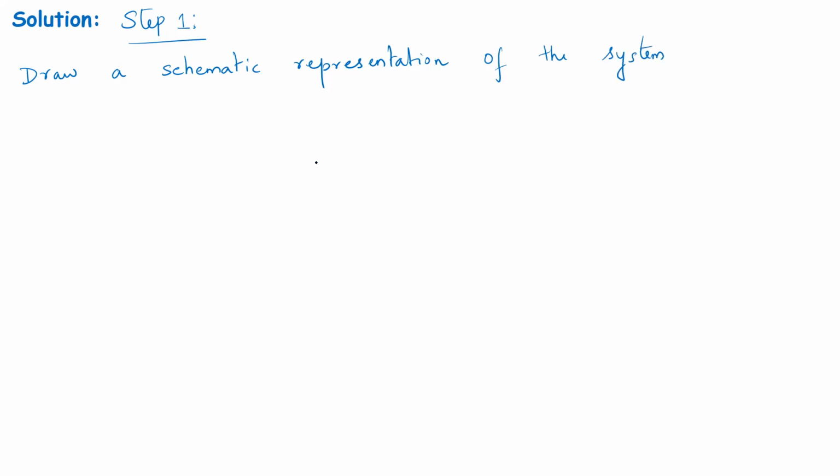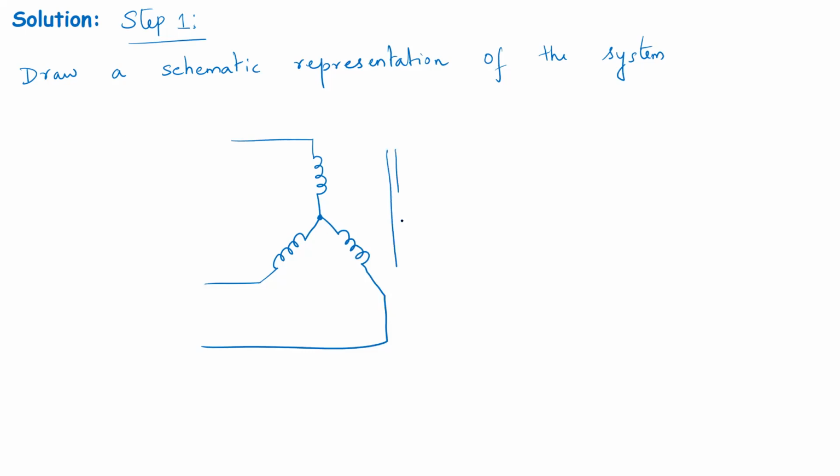Okay, so there is a three-phase transformer which has a Y connection on the high voltage side. And then the two lines indicate the magnetic core of the transformer. Then there is a delta connection on the low voltage side.